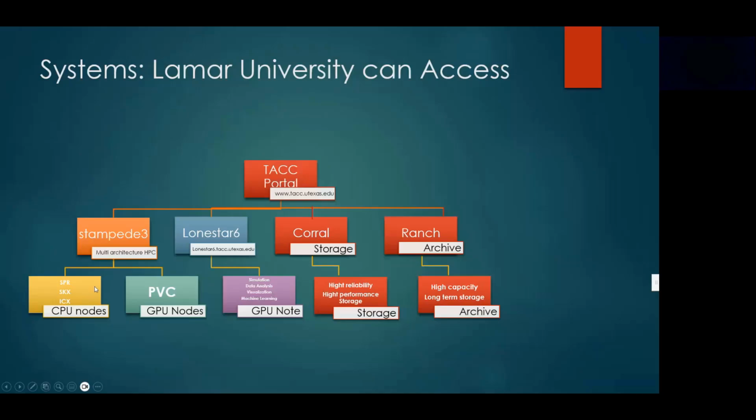But within this CPU, there are several architectures, several Intel processors with different numbers of nodes. I'm going to introduce what exactly the difference is. Based on their architecture, you can select which nodes you are going to use.